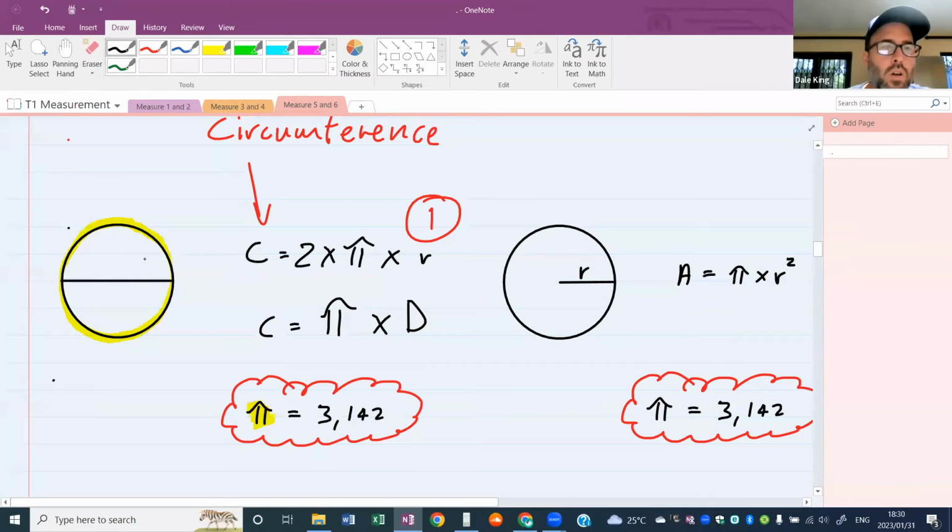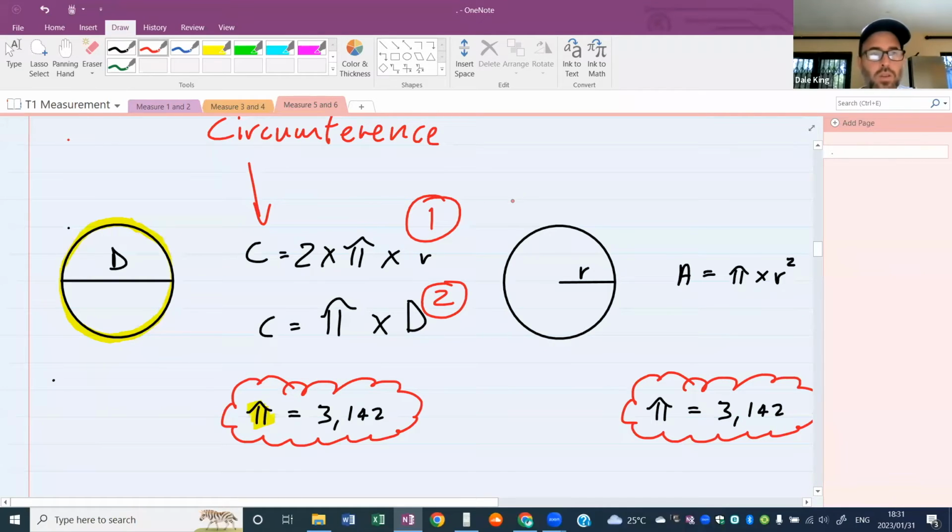So if you go all the way from one side through the center to the other side, that will give you diameter. If they give you that in the question, you can use formula number 2. Now which one should you use? Well, that depends on what they give you. That depends on the question.